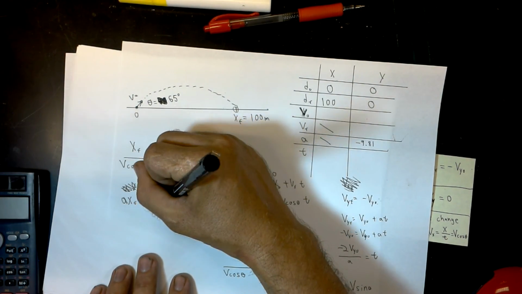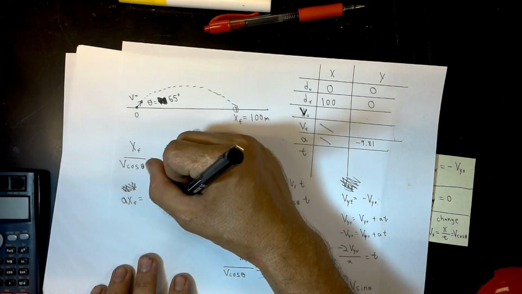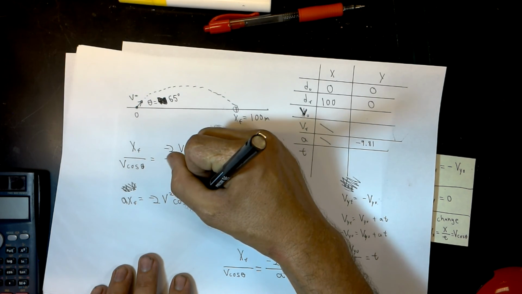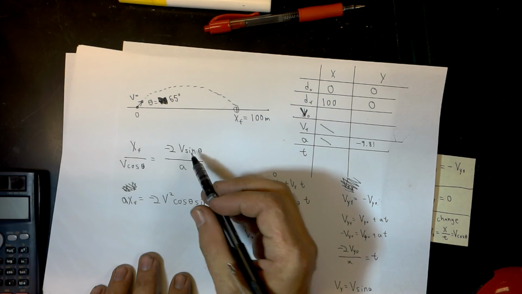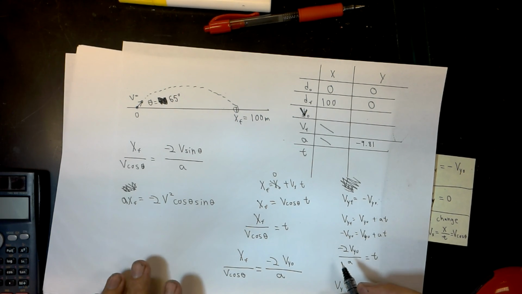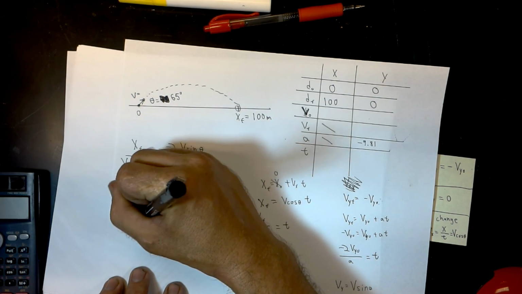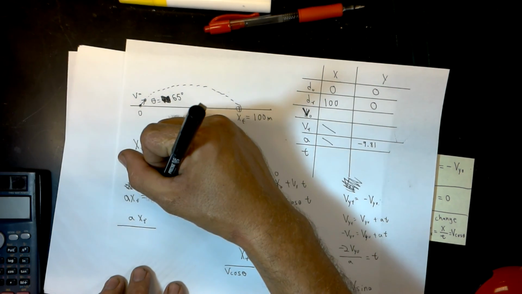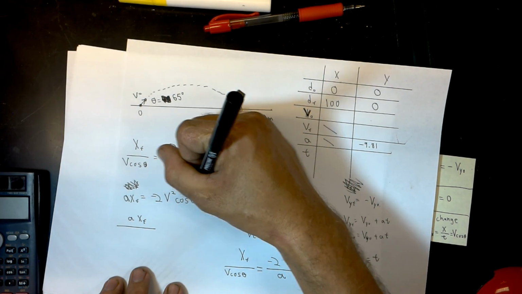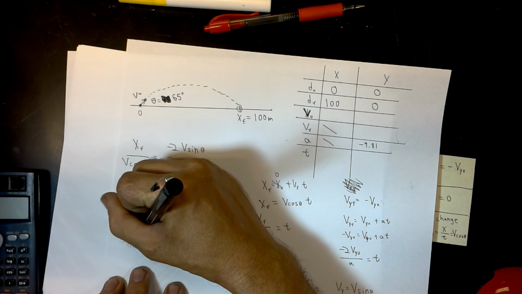Negative 2 V squared cosine theta, sine theta. Just took this one right here, multiplied by this one. I'm solving for the velocity, so V squared equals acceleration multiplied by the x final distance divided by negative 2 cosine theta sine theta.